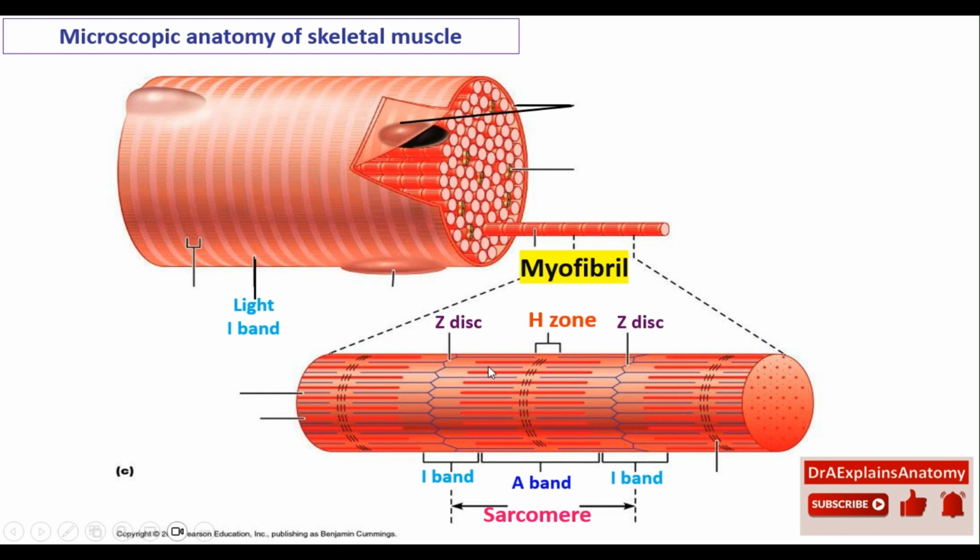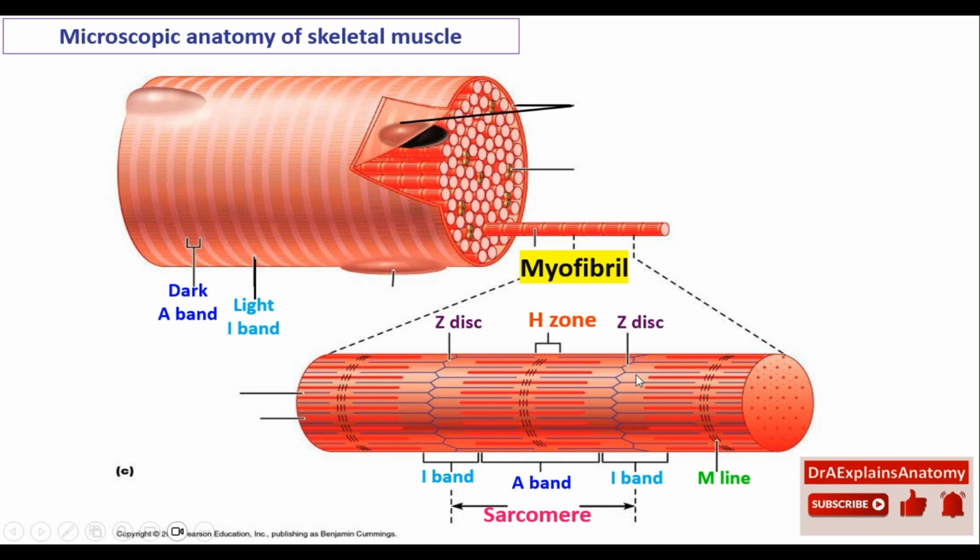Whereas the A band, which consists of the two types of filaments right here, we will mention them in a minute. So the A band gives the darker striation. So this is the dark A band. Each sarcomere has the A band right here and part of an I band. So the I band is shared with two nearby sarcomeres.